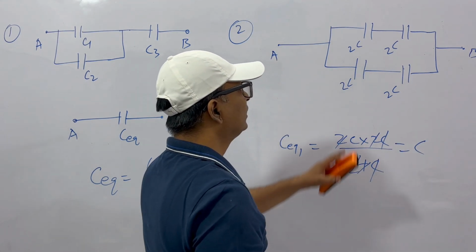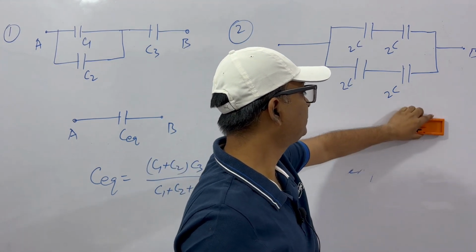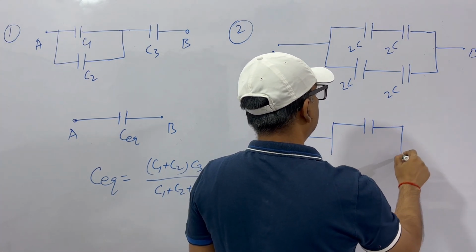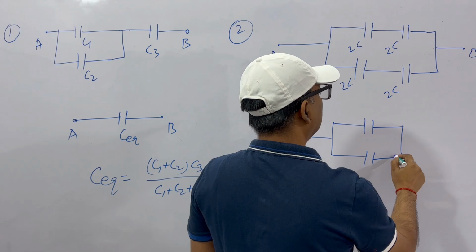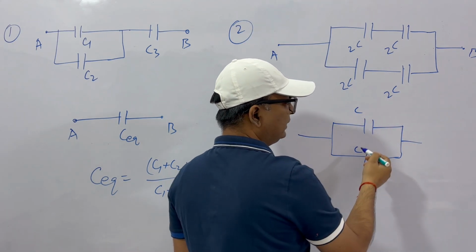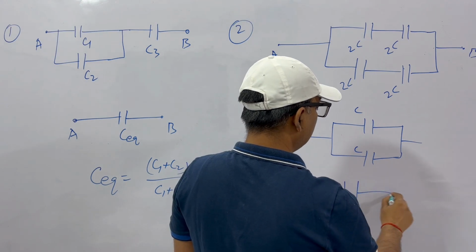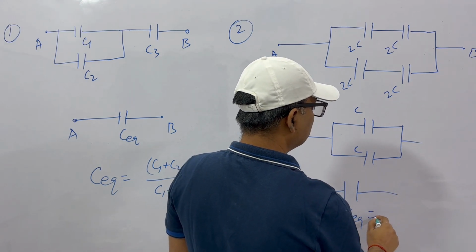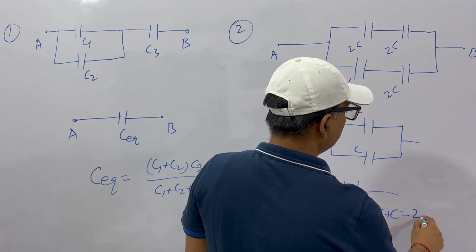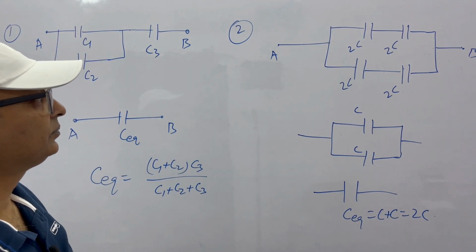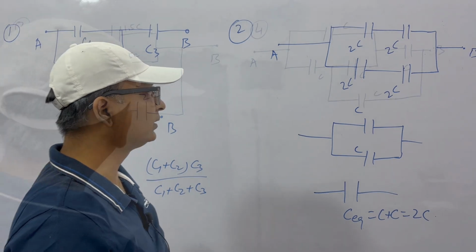C. So now what we have? We have one capacitor here and one capacitor here, that is C here, C here. Now C and C are in parallel. So the equivalent capacitance will be C plus C, that is 2C. Okay, clear? Now let's see some more circuits.